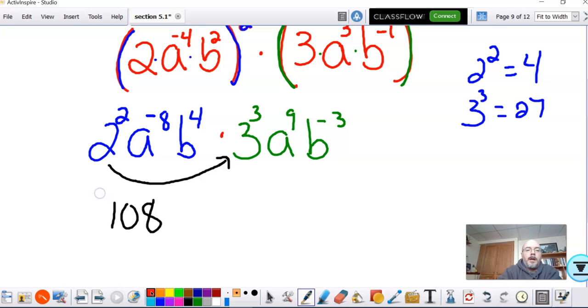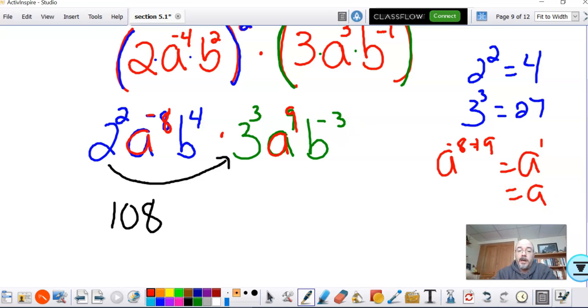Now I have an a to the -8 and an a to the 9th. This is where I add the exponents. A to the -8 plus 9 is just a to the 1st power, or just plain old a. So that's a.